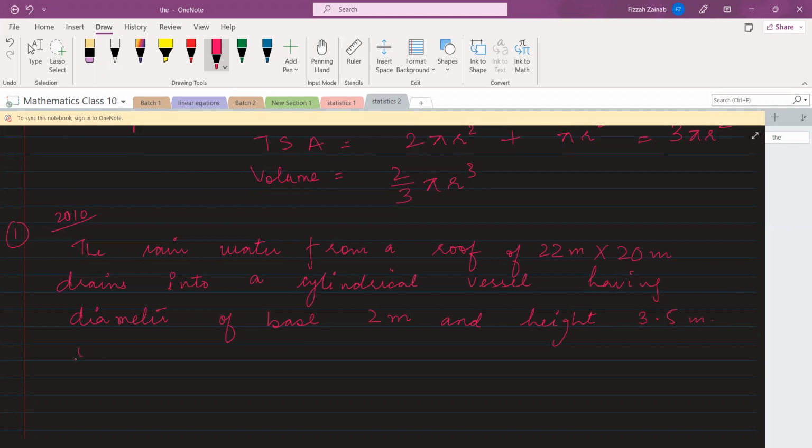If the vessel is just full, find the rainfall in centimeter.